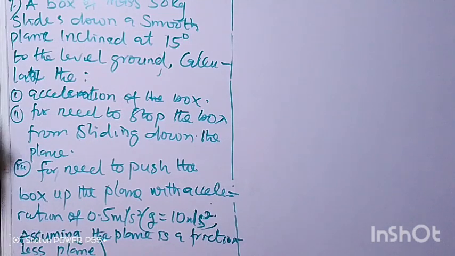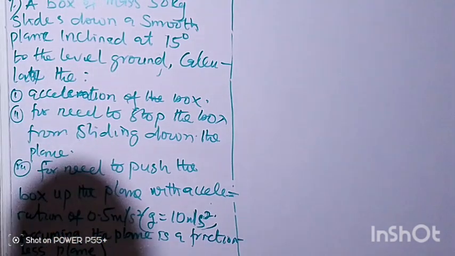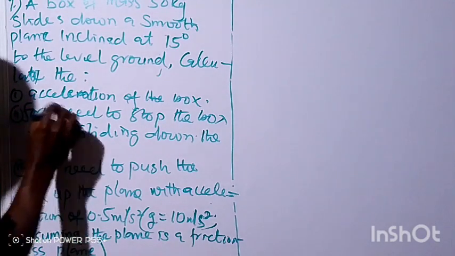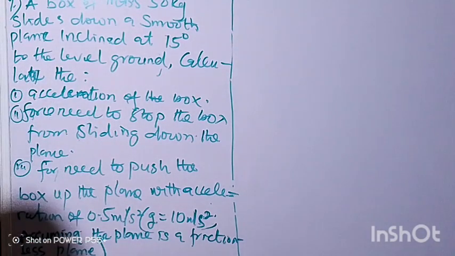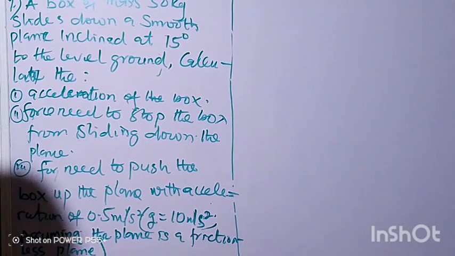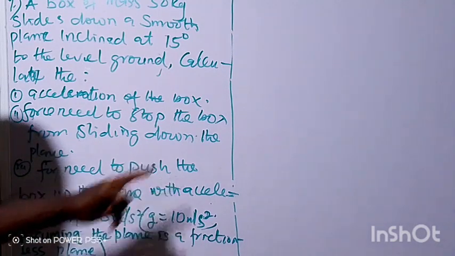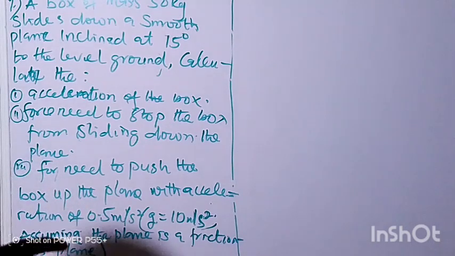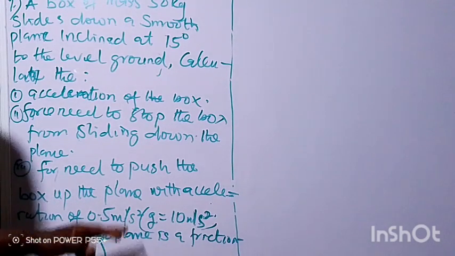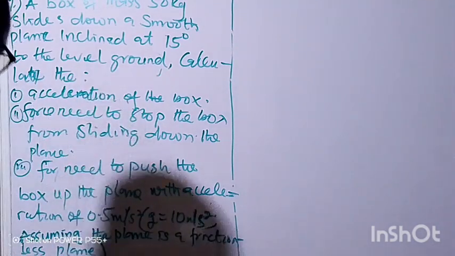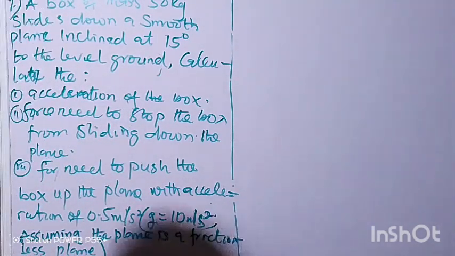Force needed to stop the bus from sliding down the plane. 3. Force needed to push the bus up the plane with acceleration of 0.5 meter per second square. G is equal to 10 meter per second square, assuming the plane is a frictionless plane.